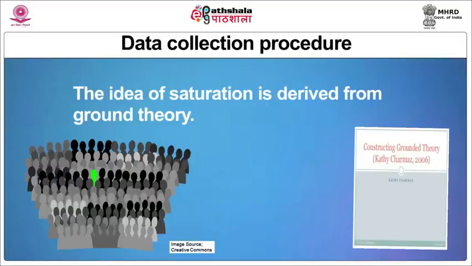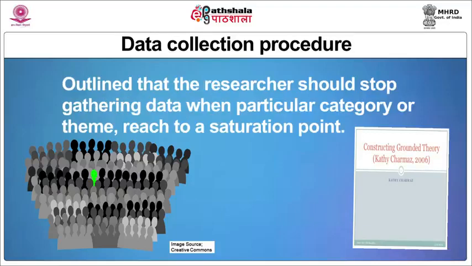The idea of saturation is derived from grounded theory, as told by Charmaz in 2006, who outlined that the researcher should stop gathering data when a particular category or theme reaches a saturation point. This will help the researcher to keep the spark every time he collects data on the topic.